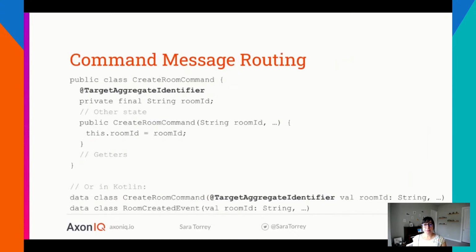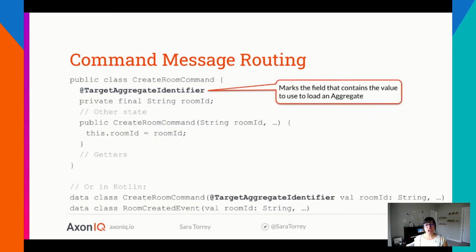So we've got our command handling functions. We still need to get the actual command message to our command handling component's functions, right? We are dealing with an aggregate as the command model. We have a single entry point into the aggregate referenced by an identifier. This identifier should also be present on the command message you send, which is done by annotating a field or function with @TargetAggregateIdentifier.